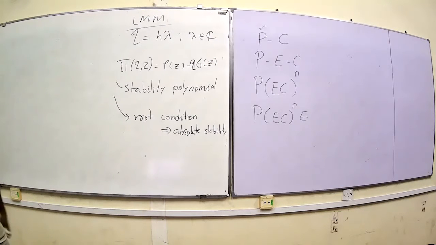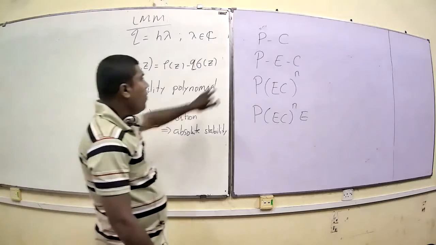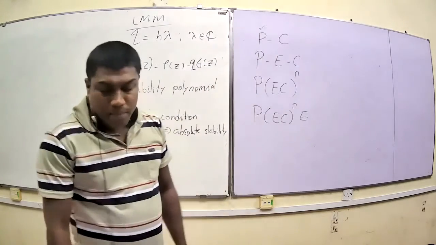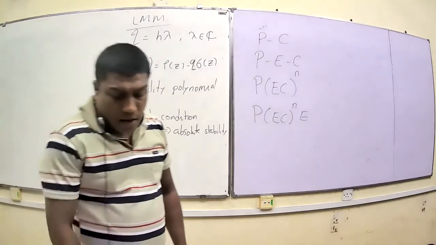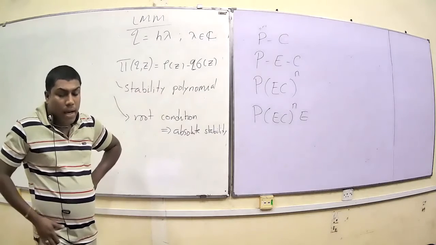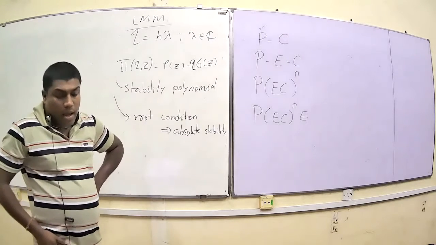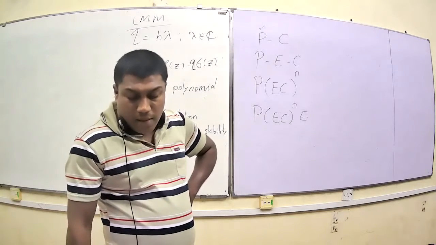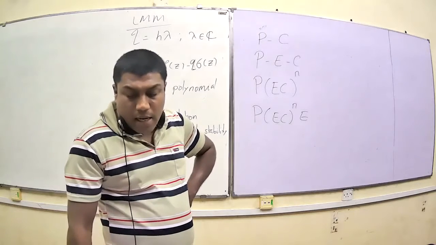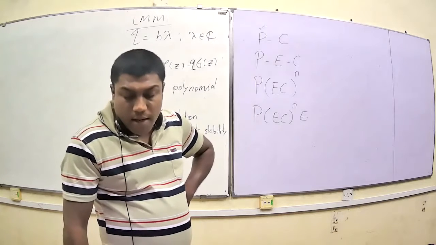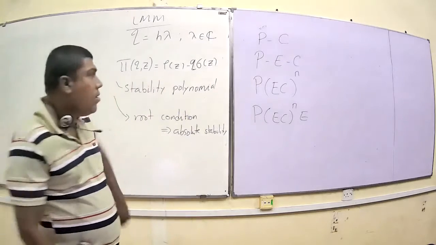So today what we are going to do is combine this with predictor corrector methods. We are going to combine both of them and try to establish an absolute stability condition for the predictor, evaluator, corrector method, right?